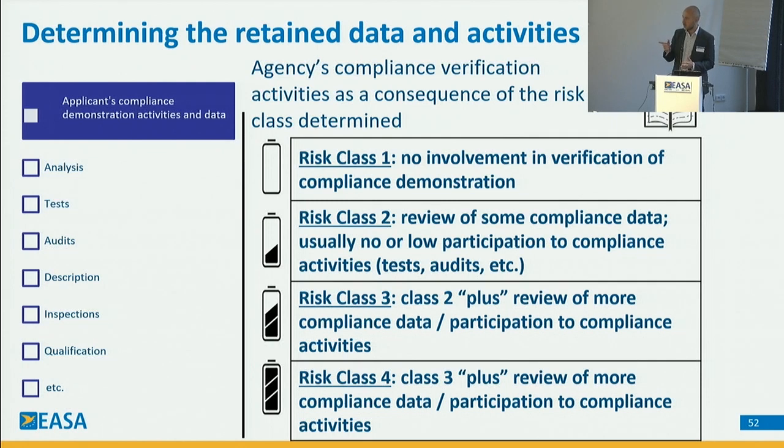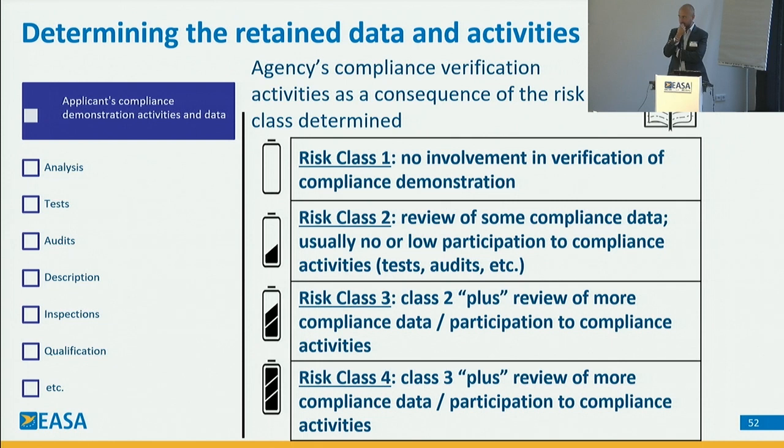I think Ralph wants to say something. Yeah, maybe I want to make you aware of one kind of exception inside this risk-based approach and risk assessment and involvement classification. In case of a major change to an EASA approved document like the flight manual or the airworthiness limitation section, if you would have a CDI including a flight manual change, but based on your high performance you won't end up at risk class 1.